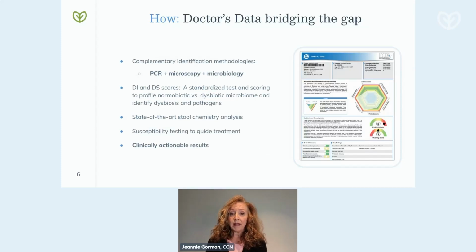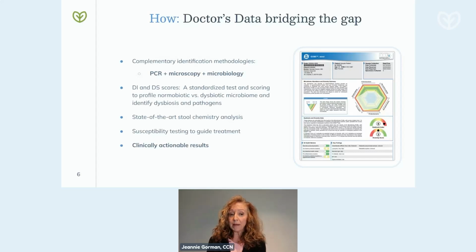So Doctor's Data has a test called GI 360. It is sort of the best of all worlds. Of course, we offer the comprehensive stool analysis with parasitology and other profiles, but this profile combines the best of all worlds, really. It offers PCR detection of beneficial microbiome.